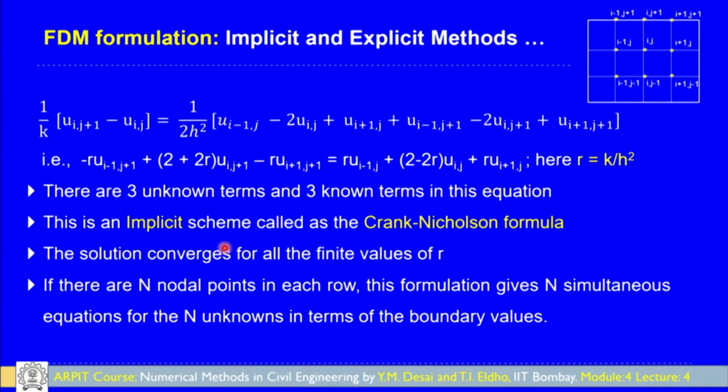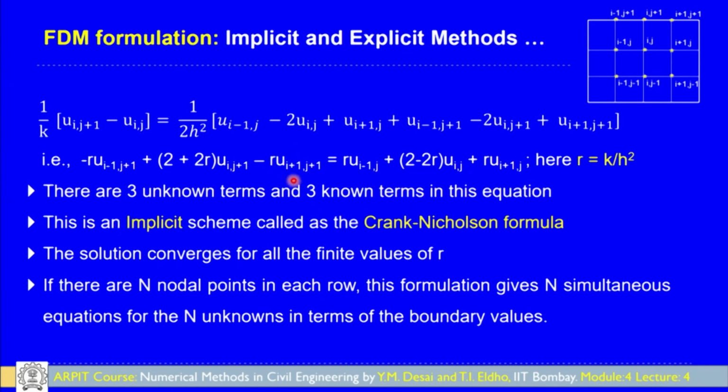The advantage is that the solution converges for all finite values of r, so larger values can also be considered. For example, if your time step is larger, then larger values of r will come, and still it will be stable, since we consider all the nodal equations together, apply the boundary conditions and solve together.